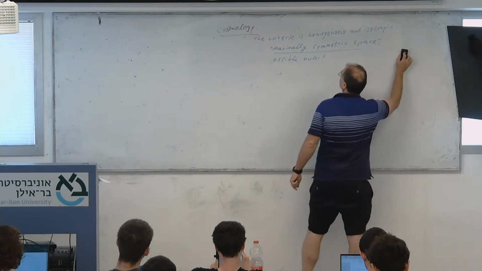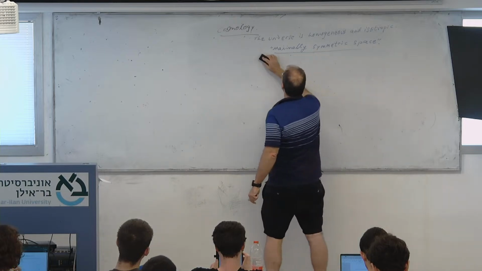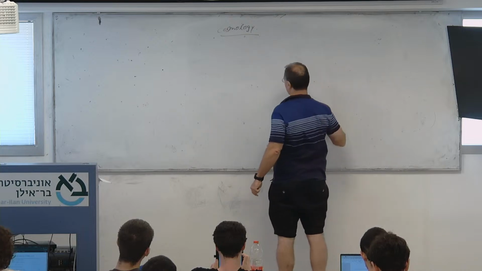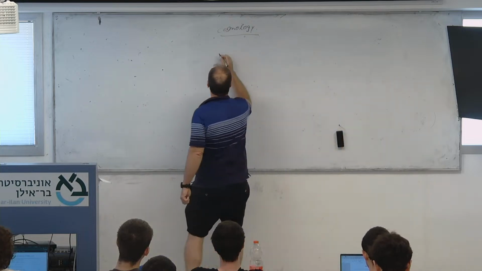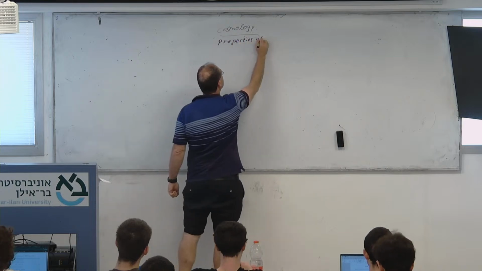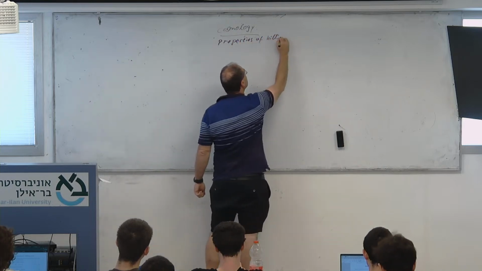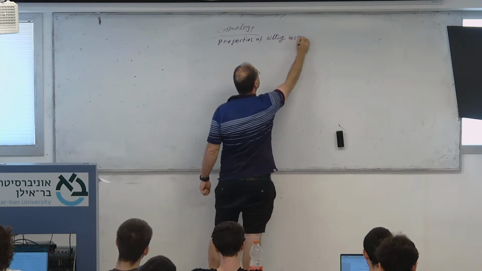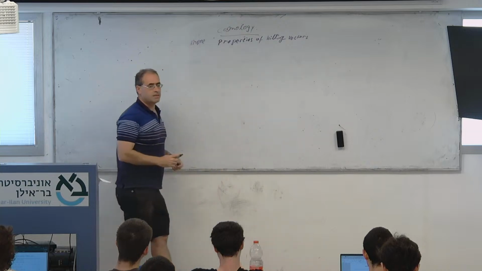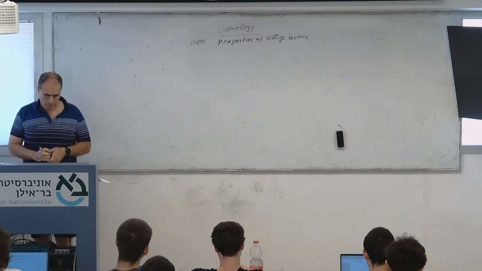So the general discussion now is about maximally symmetric spaces. What I want to do is to give a few more properties of Killing vectors. We already discussed Killing vectors and saw a few properties.